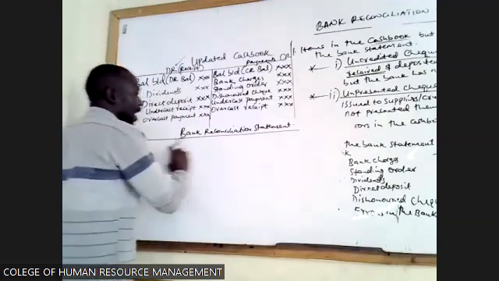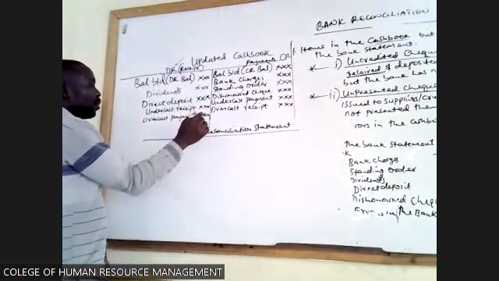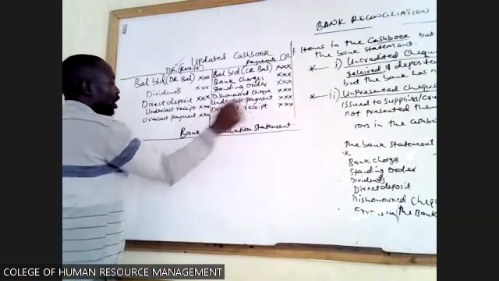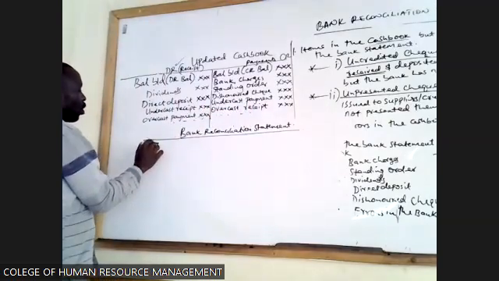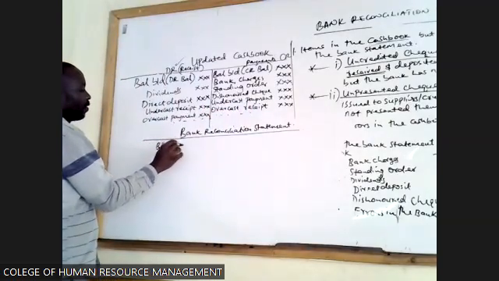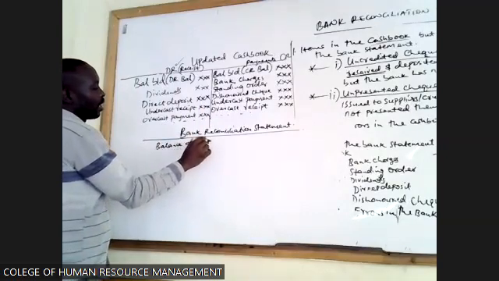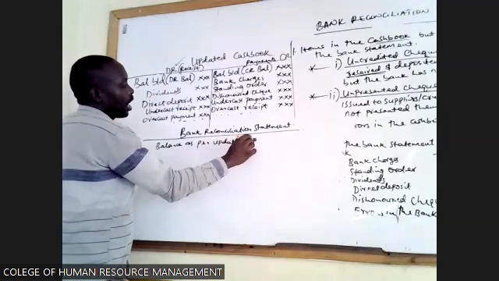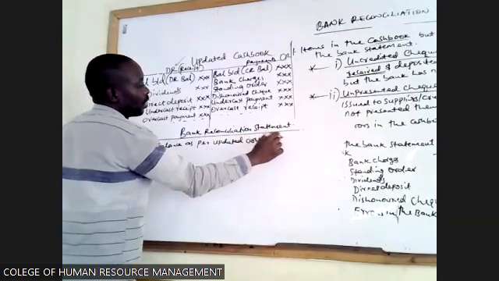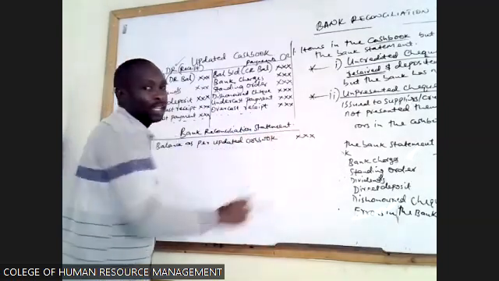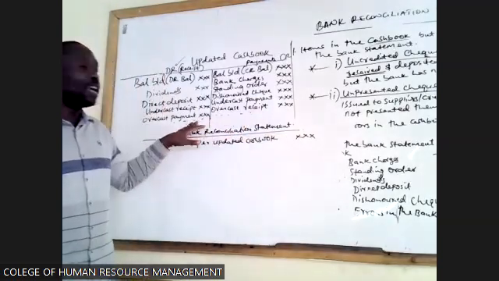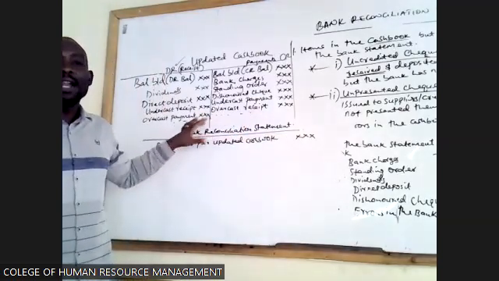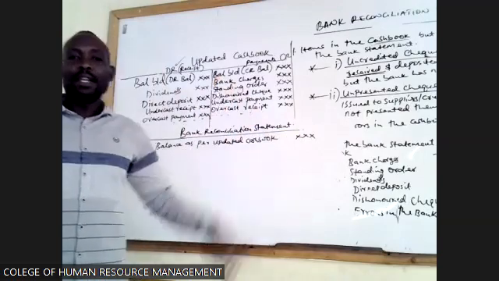You just underline that title. Then you can start with the balance that you got here, which we call balance as per the updated cash book. We normally get it from here. It was our balancing figure, the balance carried down in the updated cash book.